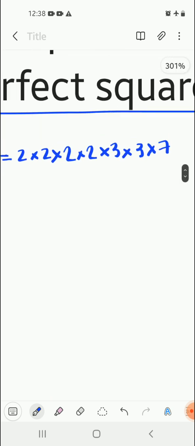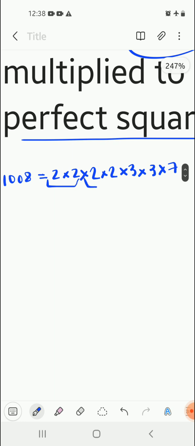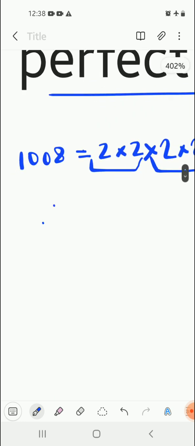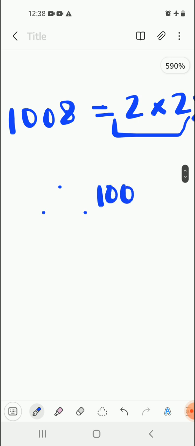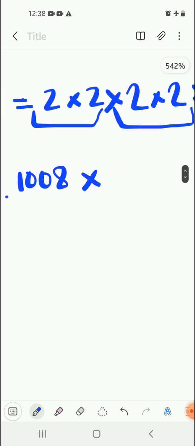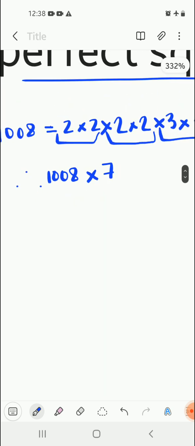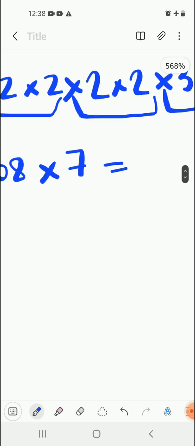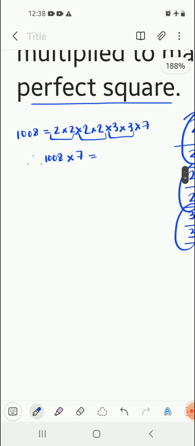Here if we start making pairs, we've got one pair, two pairs and a third pair, but 7 is all alone. Therefore 1008 is to be multiplied with 7 so that we get a perfect square, because 7 had no pair.